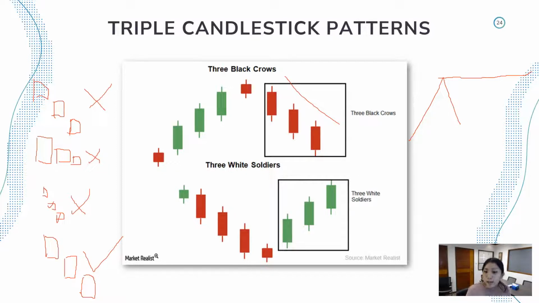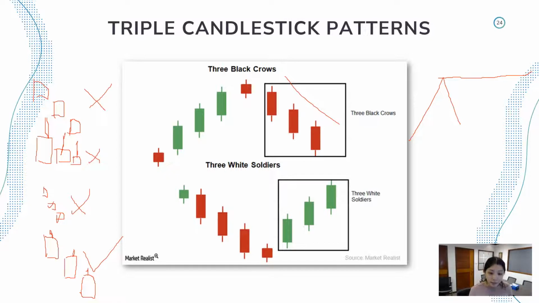Do take note that the wicks or the shadows cannot be too big either. Another factor to be a valid one is that the wick has to be smaller. So this is okay. But if the wick is too long or too big, this is not okay.